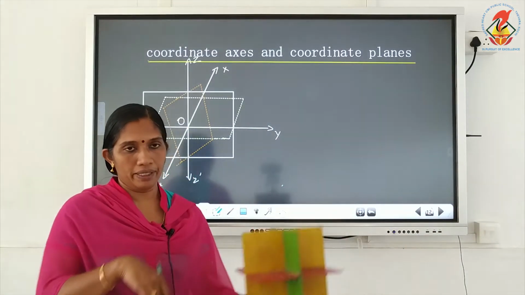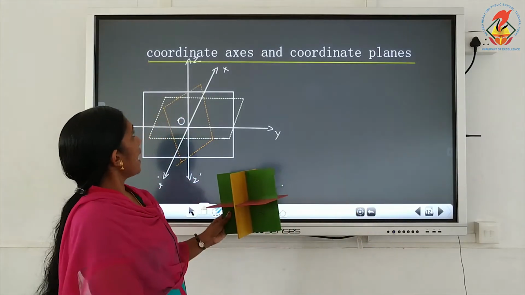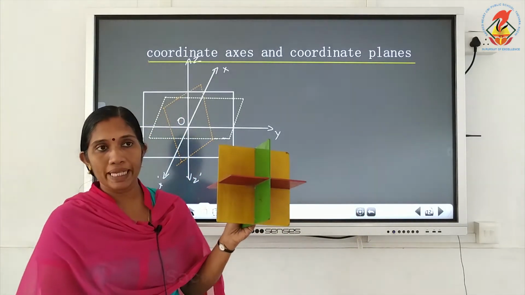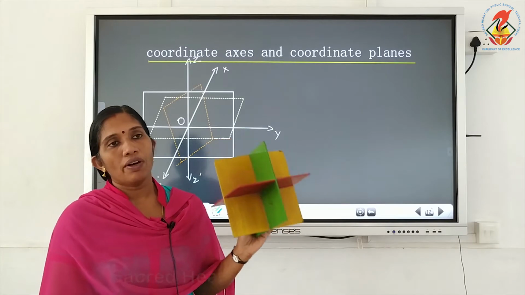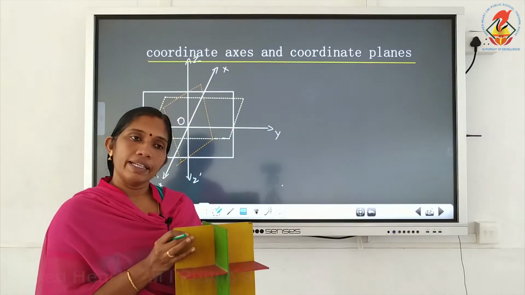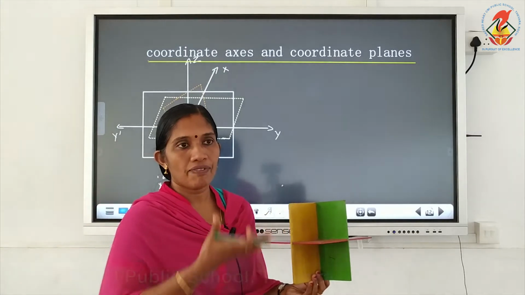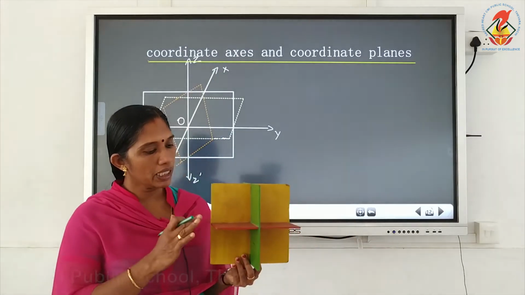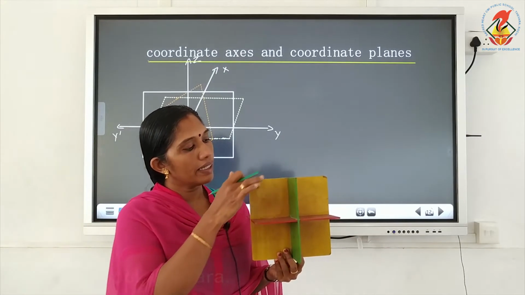Now look here: coordinate axes and coordinate planes. Take 3 planes. A plane is a flat surface. Here we have red, green and yellow.